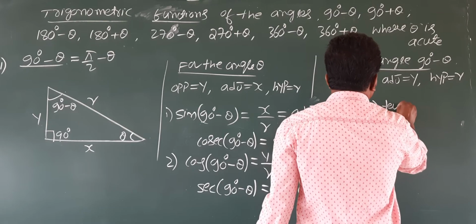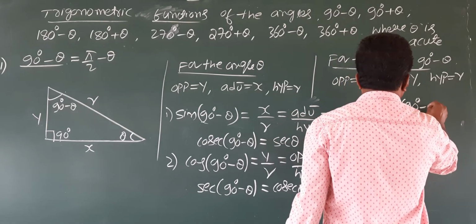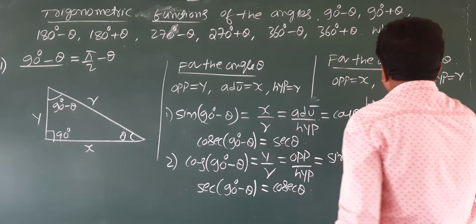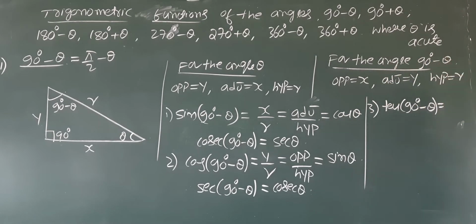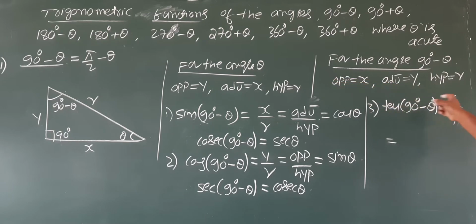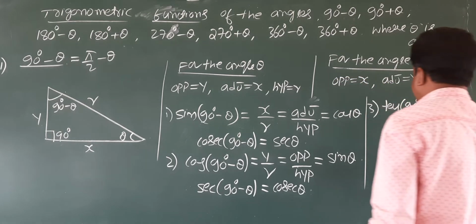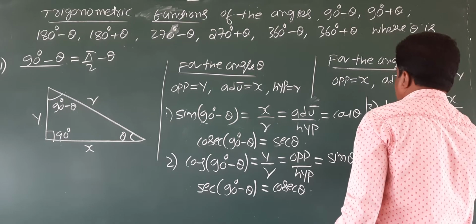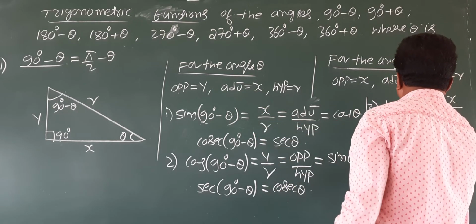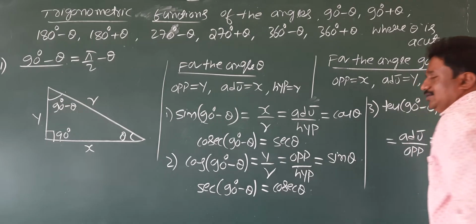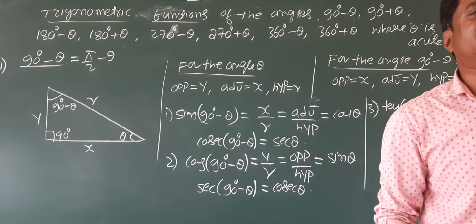Lastly, tan 90 minus theta. Come to this 90 degree minus theta. The opposite side for 90 minus theta is x, by adjacent y. But compare with this theta: x means adjacent side, and y means opposite.